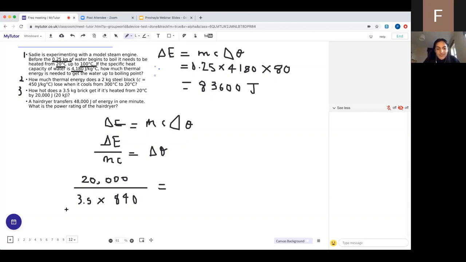So we're doing 20,000 divided by 3.5 times 840. You might like to do the multiplication first and then do 20,000 divided by that answer. Give you a few more seconds for some more people to work that out.